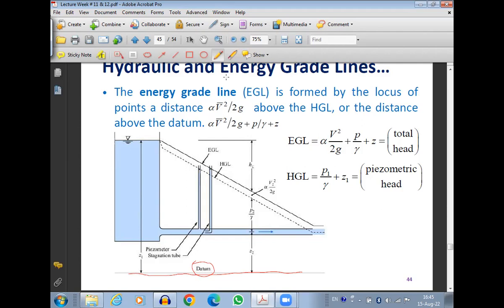The energy grade line is formed by the locus of points at a distance of alpha V squared upon 2g above the hydraulic grade line, or the distance above the datum. So if we add the kinetic head to the hydraulic grade line, that becomes the energy grade line. In the case of the energy grade line, we have to add the kinetic head, which is alpha V squared upon 2g, to the piezometric head. So this was the piezometric head, which is the hydraulic grade line. Hydraulic grade line plus kinetic head is the energy grade line.